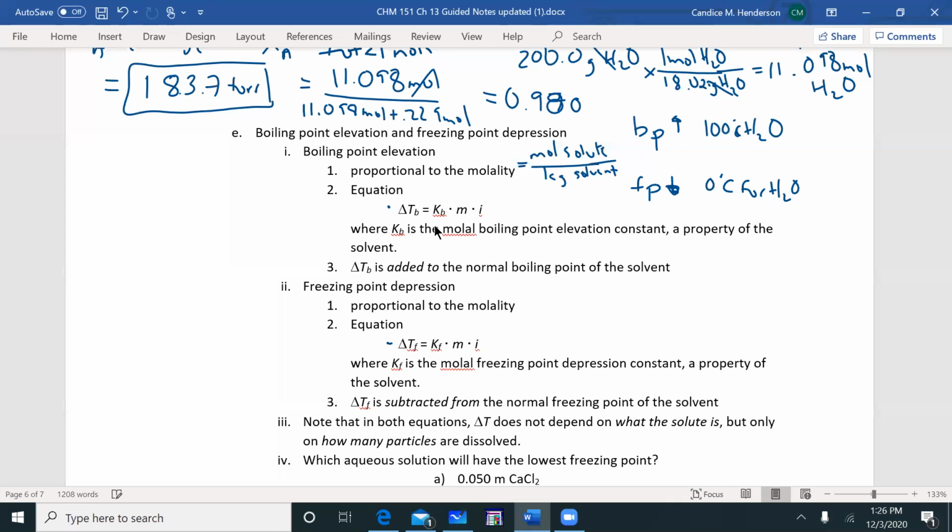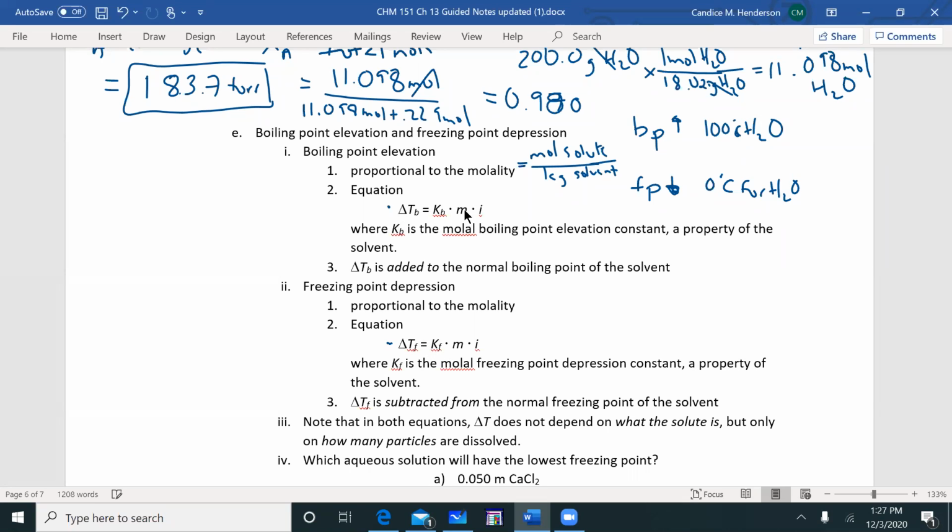So this Kb is the molal boiling point elevation constant. And this is specifically a property of the solvent, so it would be given to you or it would be in an appendix somewhere. Water will always have a constant Kb value. It'll always have a constant Kf value as well.